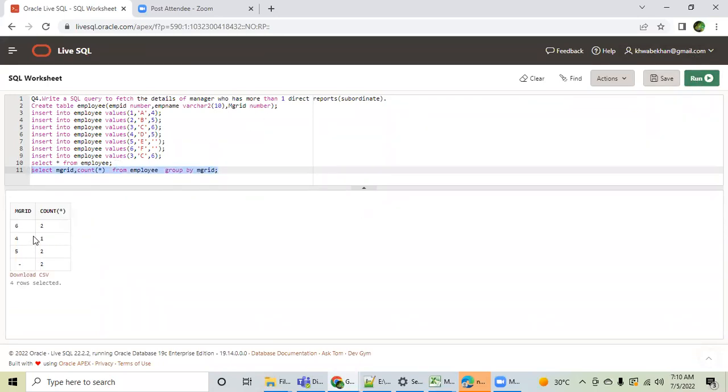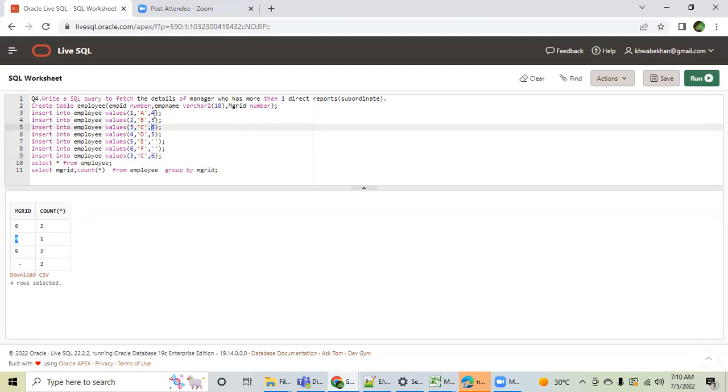this is the output. 6, 2 is there, 4, 1 is there. For manager ID 6, why is the output 2? Because here we have two records for manager ID 6. This is one record, this is another record. I mentioned count of a star, so it will just count the occurrences, whether it is duplicate or not.